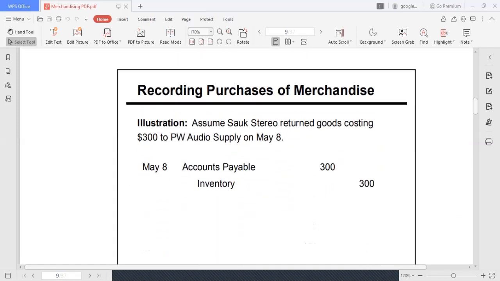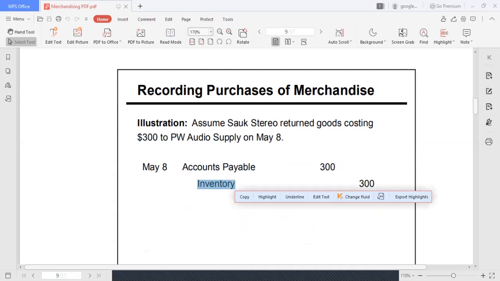So how are you going to record the goods returned? So of course, just reverse what is being done in your purchase of merchandise. So, bawasan mo lang yung accounts payable mo dahil meron kang isinoli, at bawasan mo yung iyong inventory.